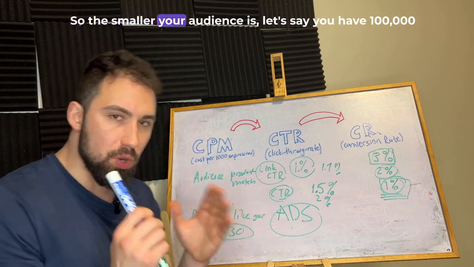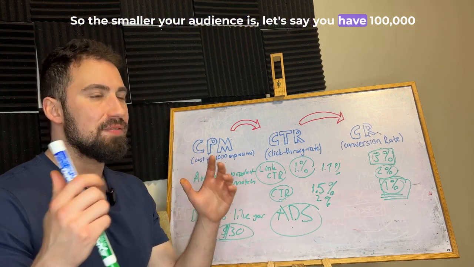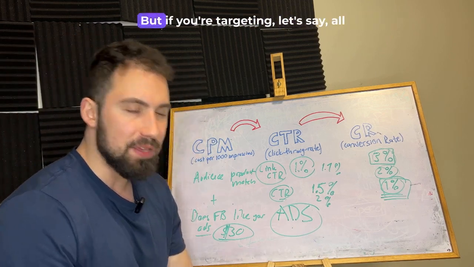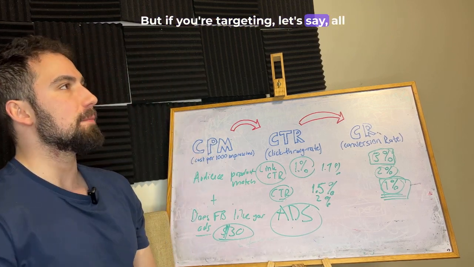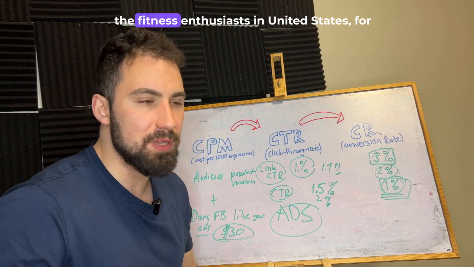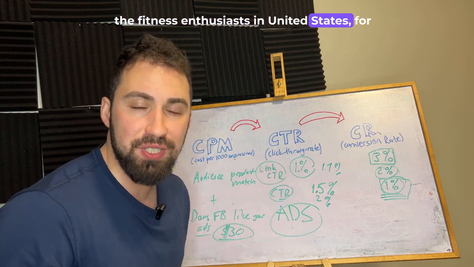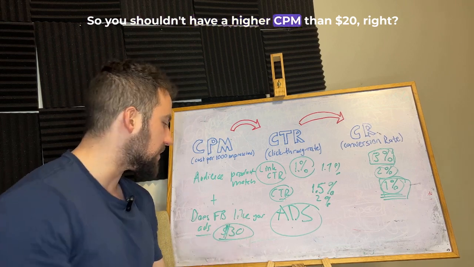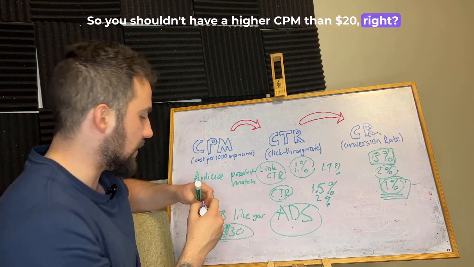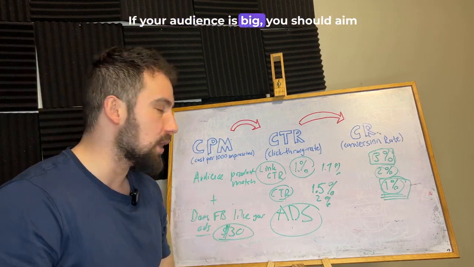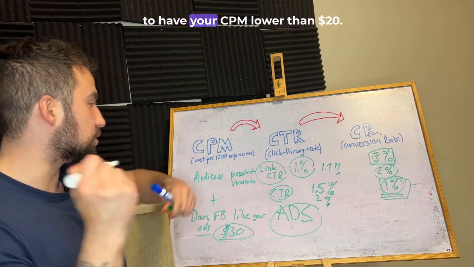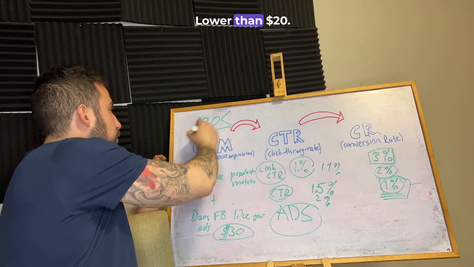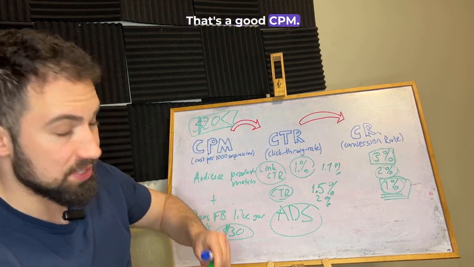The smaller your audience is, let's say 100,000 people, the more your CPM is going to be through the roof. But if you're targeting, for instance, all the fitness enthusiasts in the United States, that's a huge audience. So you shouldn't have a CPM higher than $20. If your audience is big, you should aim to have your CPM lower than $20. That's a good CPM.